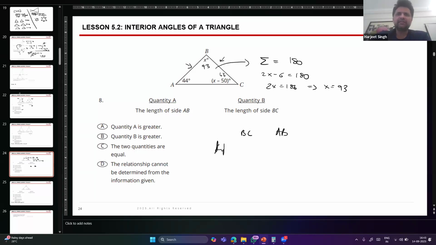The angle opposite to BC is 44 degrees and the angle opposite to AB is 43 degrees. So can I say hence the length of BC will be greater than AB because the opposite angle is higher. So this is the rule within a triangle. Within a triangle, the side opposite to a larger angle will be larger.